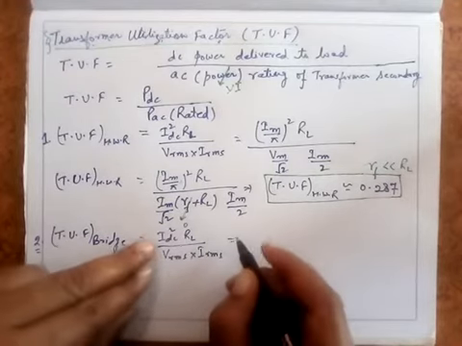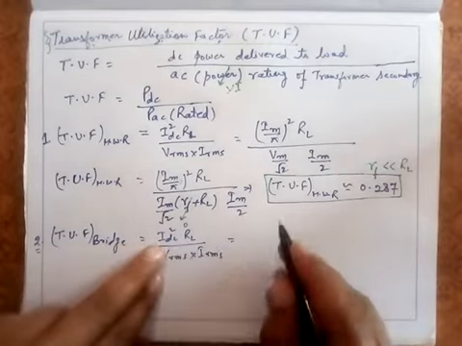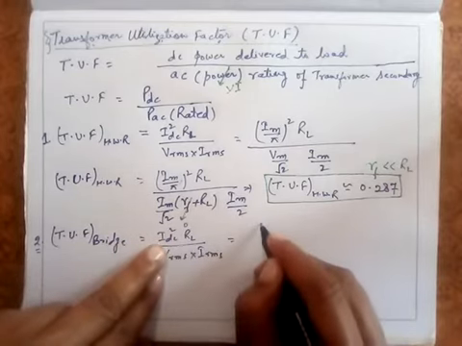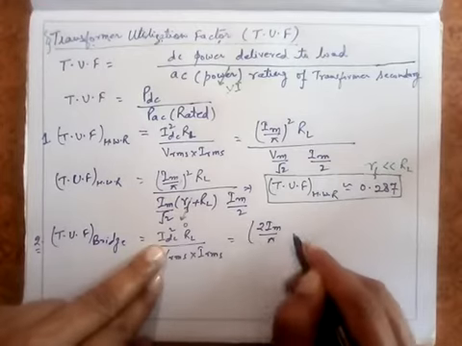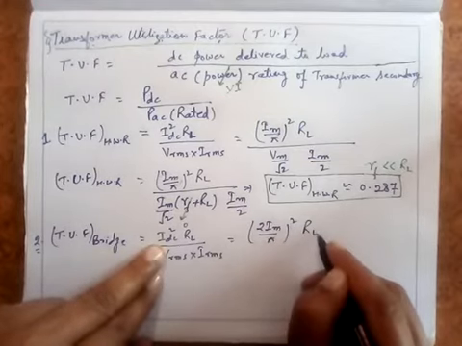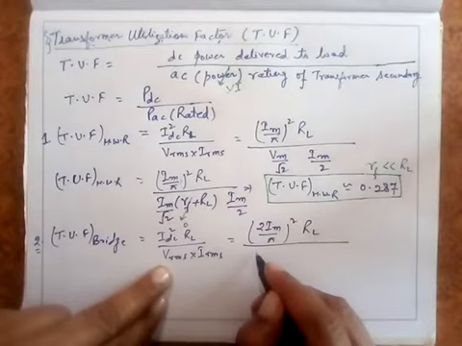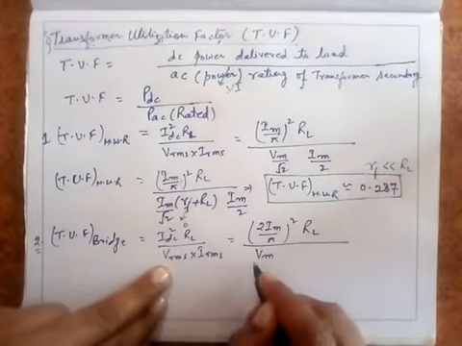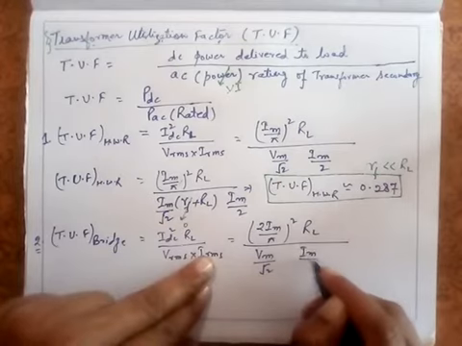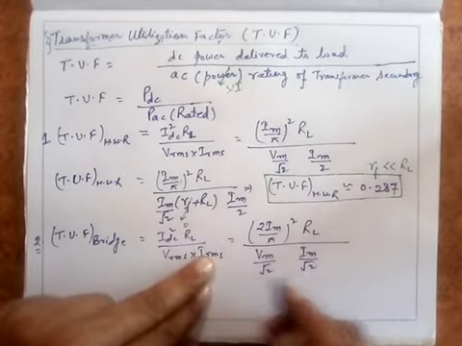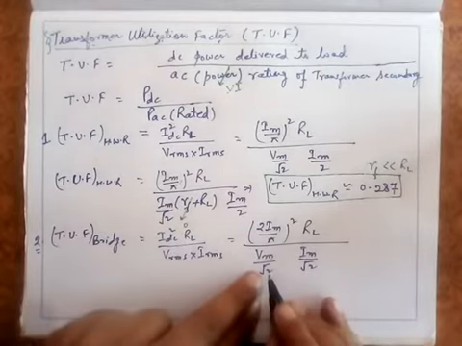Now IDC is twice Im by pi for a bridge rectifier, for any full wave rectifier. So I substitute this as twice Im by pi whole square into RL upon VRMS. Of course I'll keep this as Vm by root 2, and IRMS is again Im by root 2 for a full wave rectifier. So this is equal to this much.